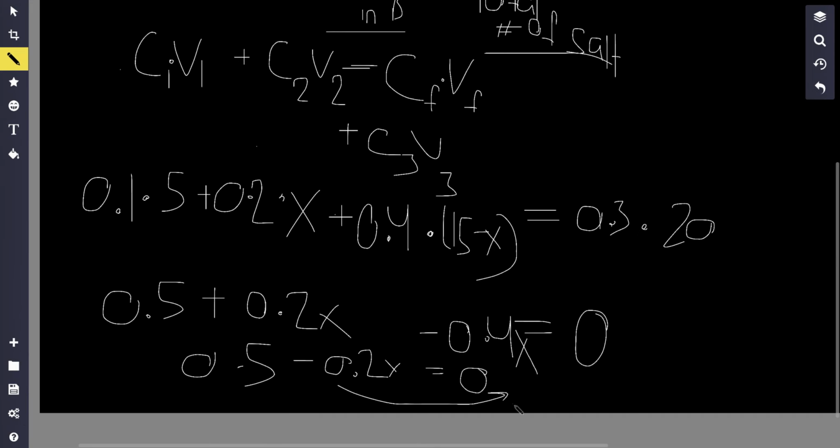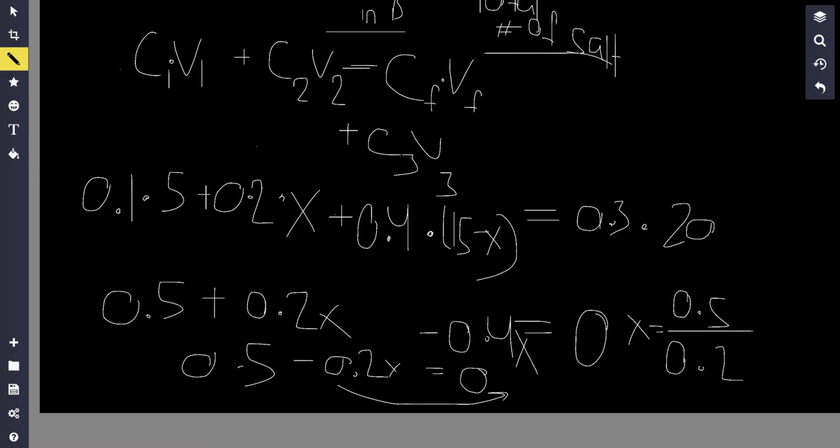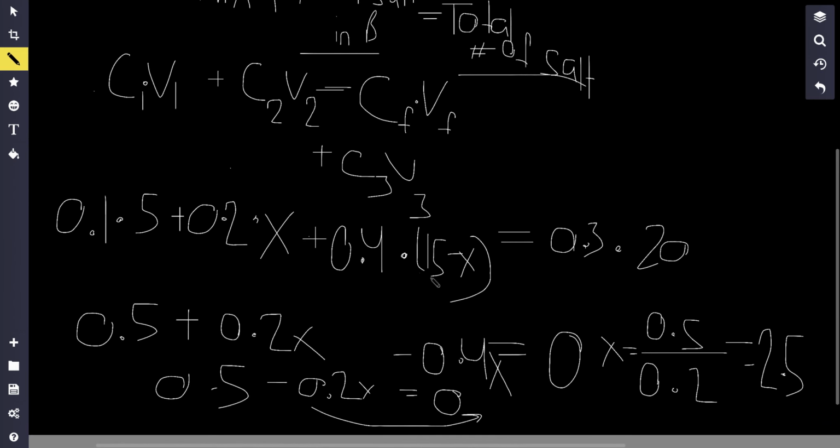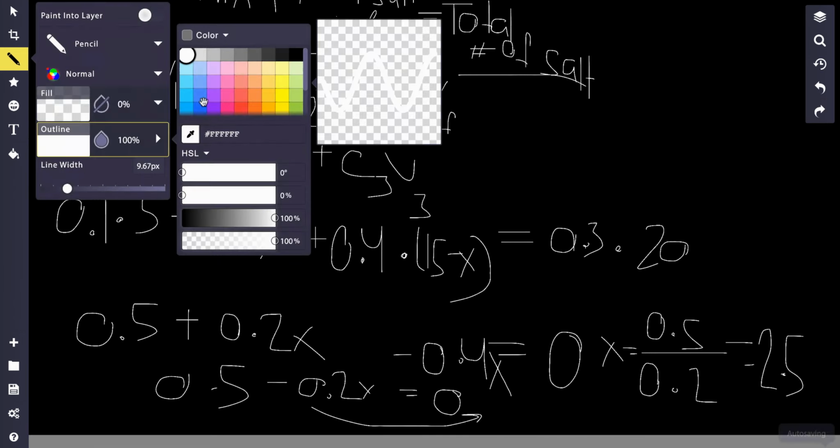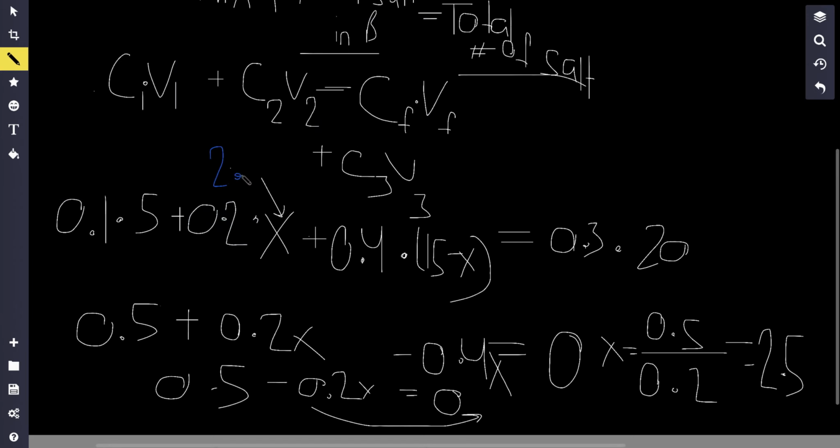I move the 0.2x over and divide by 0.2 on both sides. So x is equal to 0.5 divided by 0.2, which is equal to 2.5. So if I plug 2.5 back in here, and also plug 2.5 into this x, 15 minus 2.5 is 12.5.